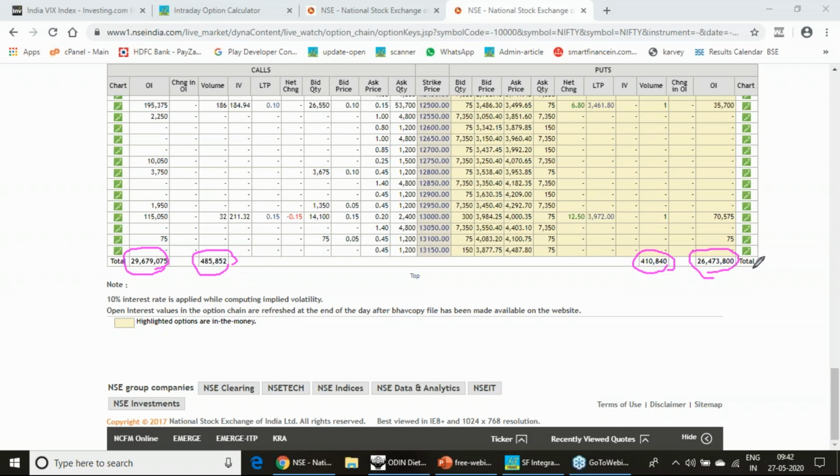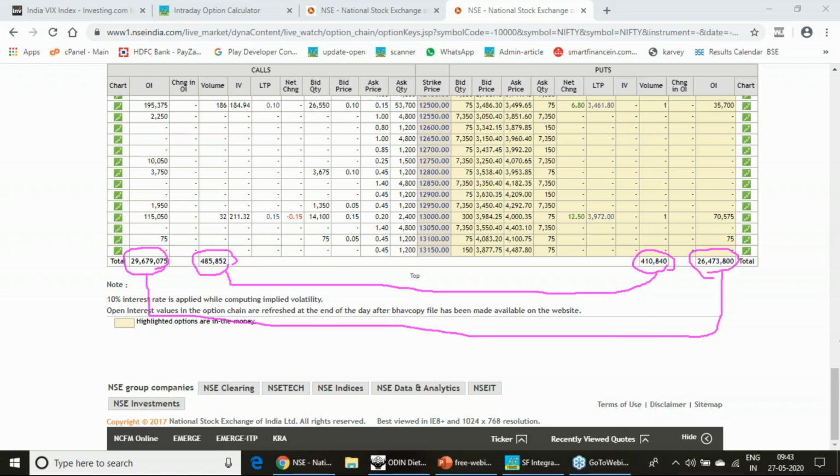Using the traded volume, you can find out whether call writing is happening or put writing is happening. From the open interest put call ratio, you can find out what the most probable trend in the coming few days should be.